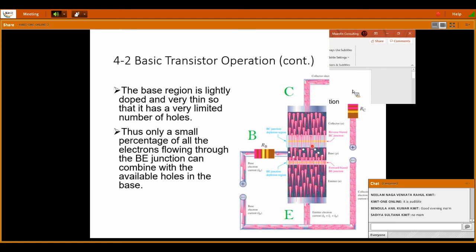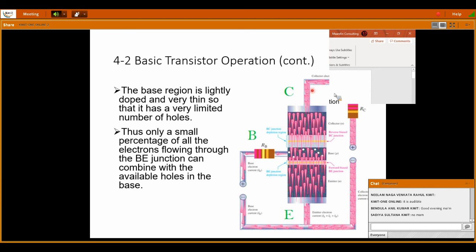So the carriers available are very few, hence it constitutes a very small amount of current, whereas the collector region is moderately doped, and the carriers swept from your input junction are allowed into the output junction, where the supply voltage VCC applied at the output junction can pull out those electrons.